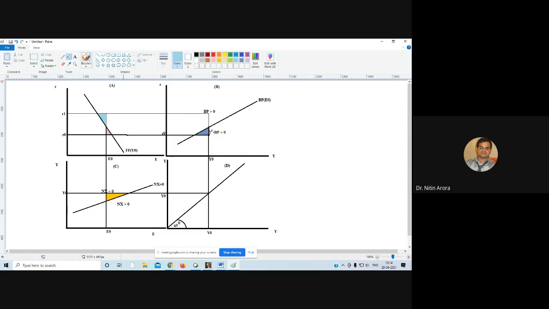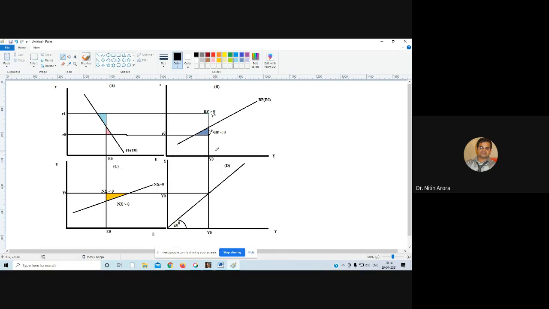Earlier we were having point M. Let us call this point N. We have managed to shift the economy from point M to point N, where some surplus in capital account has been generated that is sufficient to overcome the deficit in current account, and so BP greater than 0, a positive balance of payment, has been observed, which means that we are getting some surplus in the balance of payment.